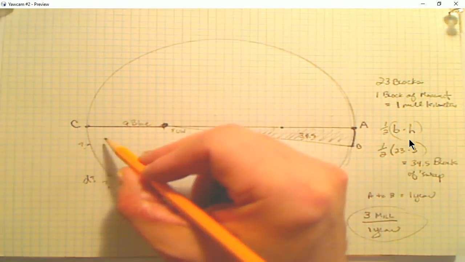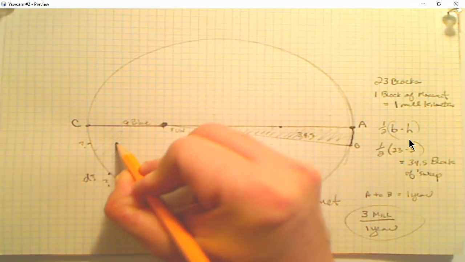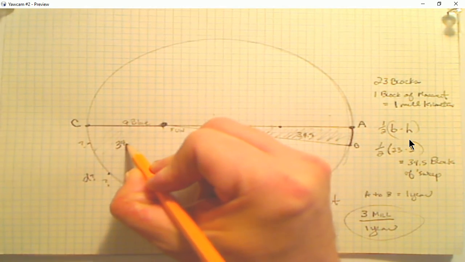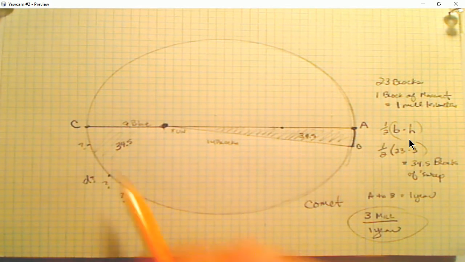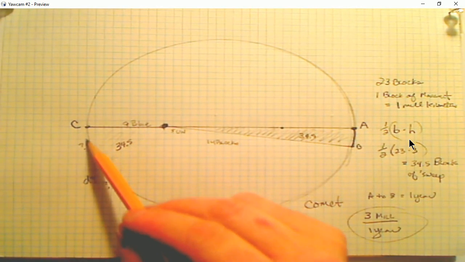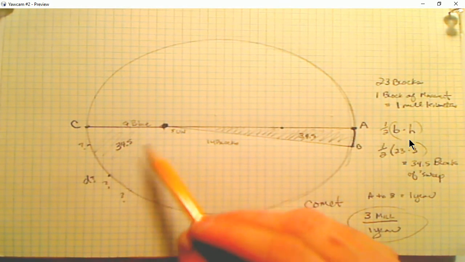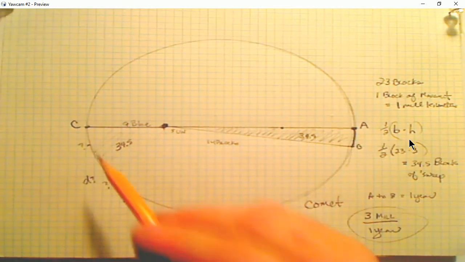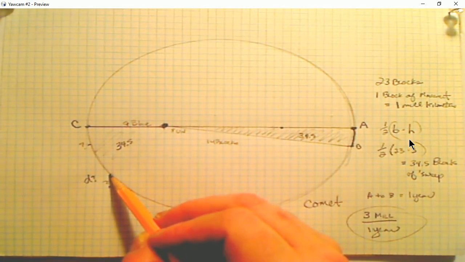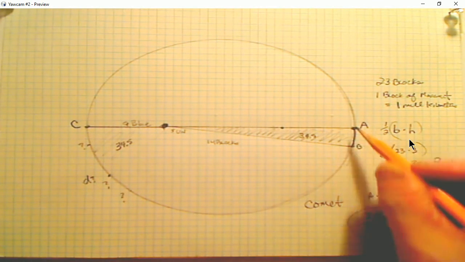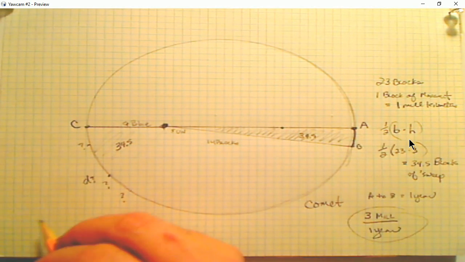You want the area that's swept out to be the same, according to Kepler's second law, 34.5 blocks. Now you can count them there, do the math that we just did before. You're going to get an estimate naturally, since this is a curve and it won't be a straight triangle, but you get the idea. And then you're going to get this distance here, which will be different than our 3,000,000 kilometers.